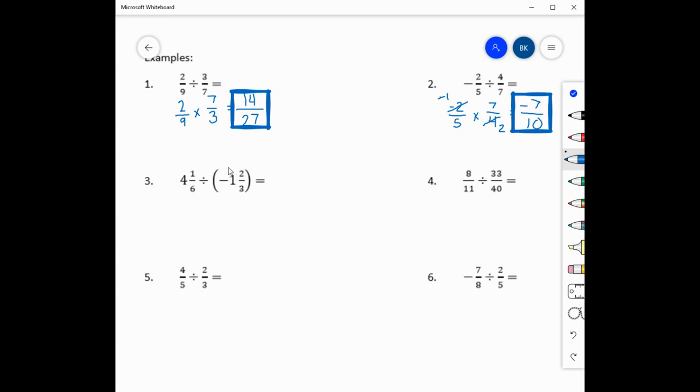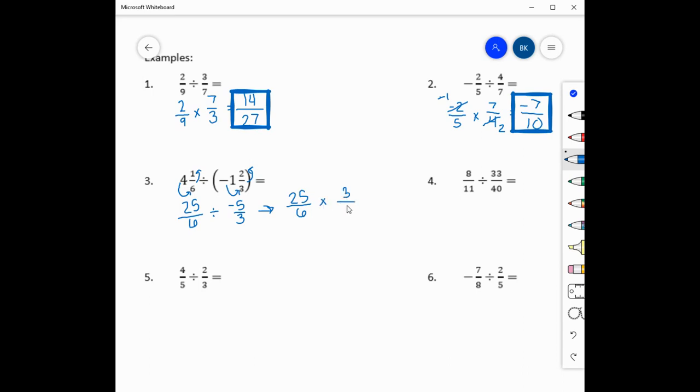Number 3, we have mixed numbers. We need to change them into improper fractions. So we're going to multiply and then add. So we get 25 over 6 divided by, we're going to multiply and then add, 1 times 3 plus 2, we get 5 over 3, but it's negative. Now we keep the first fraction, change to multiplication, and flip.